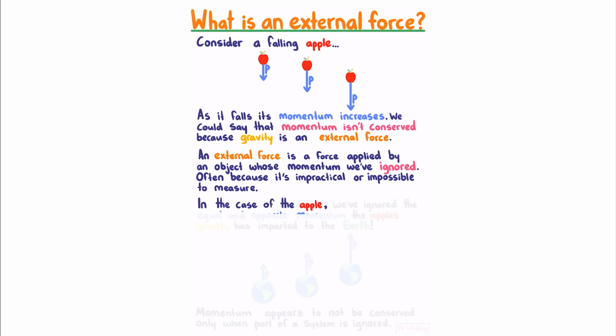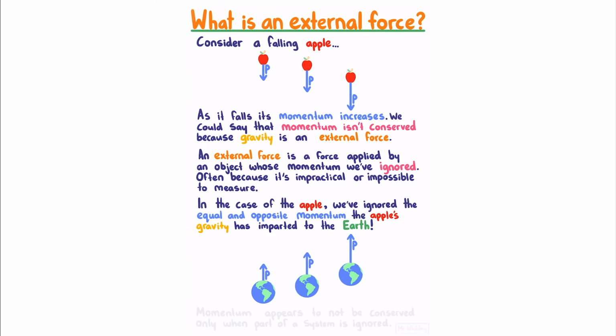In the case of the apple, we've ignored the equal and opposite momentum the apple's gravity has imparted to the Earth. And so to summarize, even though it looks like our apple has gained momentum in such a way that momentum is not conserved, in reality, just as the Earth has attracted the apple, the apple has attracted the Earth.